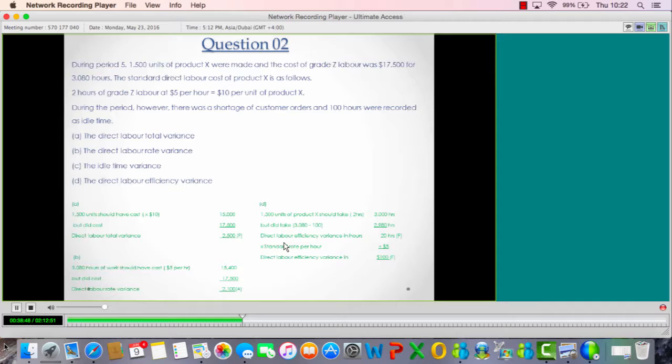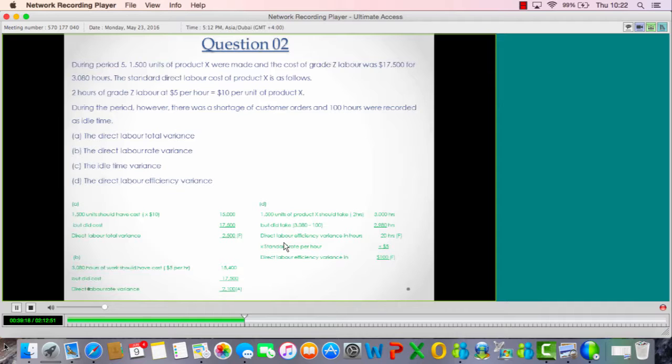Total variance is equal to rate variance plus efficiency variance, and it should be plus the idle time as well. Just add those things and see. 2,500 adverse, 2,100 adverse, that is 4,600. How much did you get?